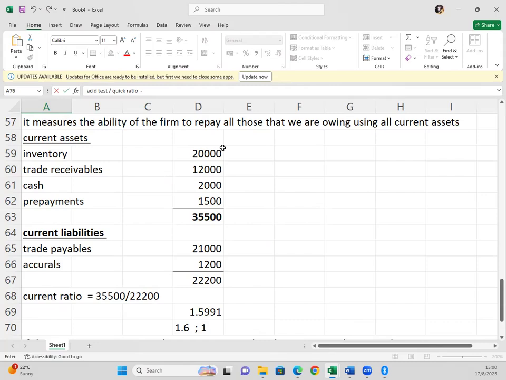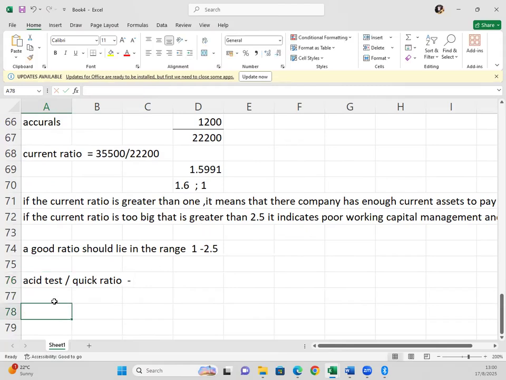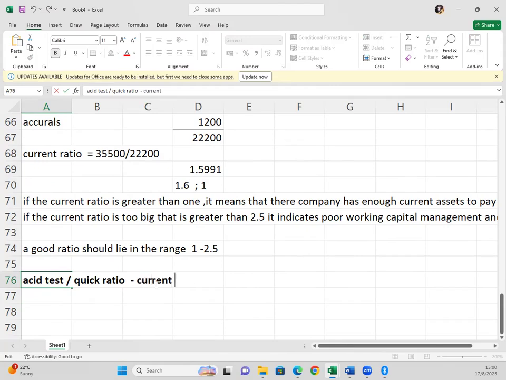So in that case, that's why we need to calculate the quick ratio. The quick ratio asks: are we able to pay without relying on inventory? The formula says the quick ratio, or acid test, is current assets minus stock, as to current liabilities.